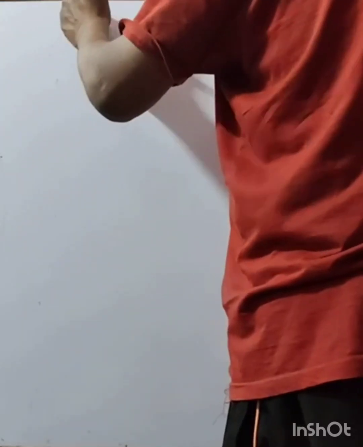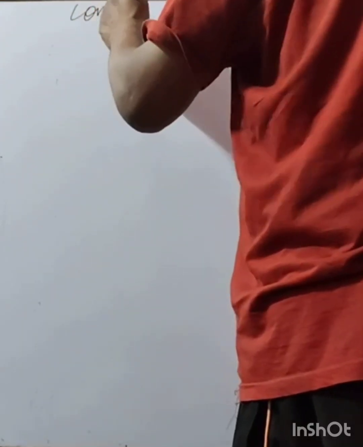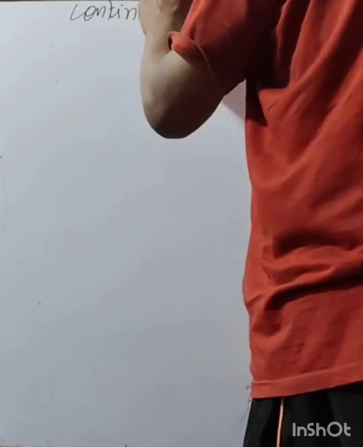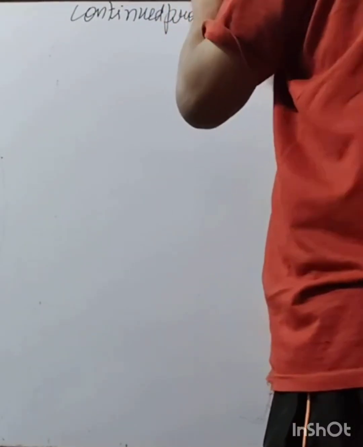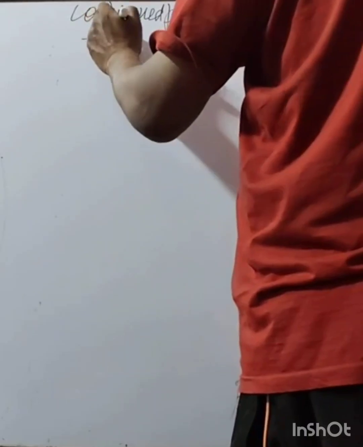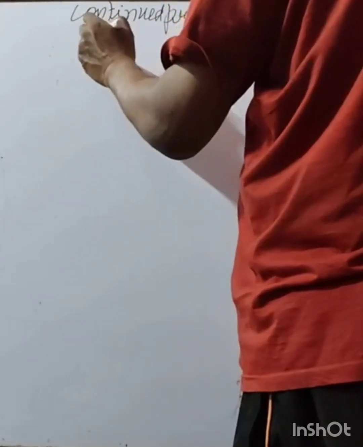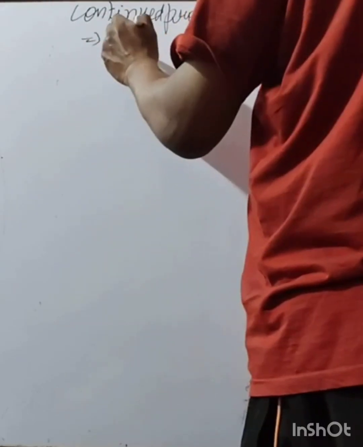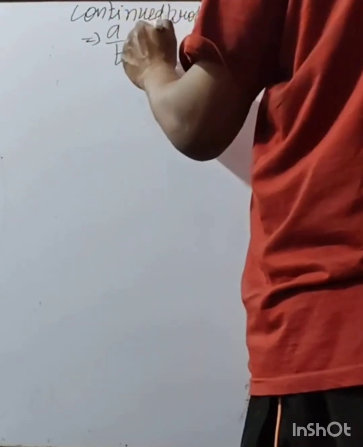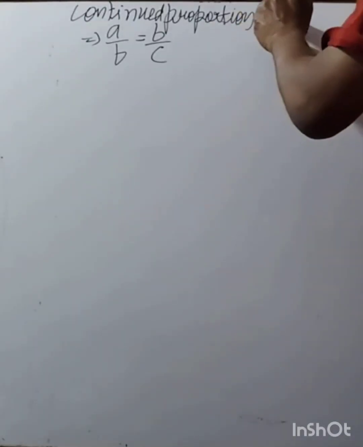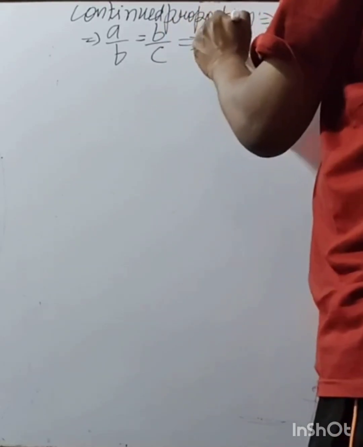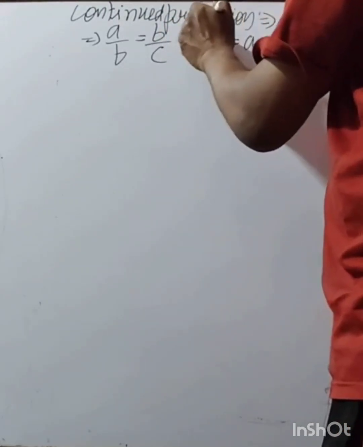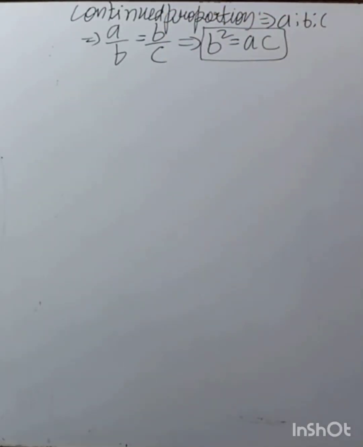So we have continued proportion. Continued proportion is A upon B is equal to B upon C, or we can write it here A ratio B ratio C. So it becomes B square is equal to AC. This is continued proportion.